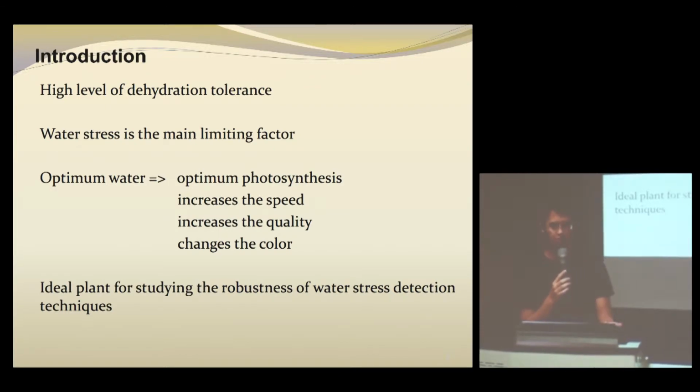So if we get optimum water, we get optimum photosynthesis, so we get optimum speed, quality, and color. So it's an ideal candidate for studying water stress detection techniques, because we can see clearly if the water stress detection technique really works or not.